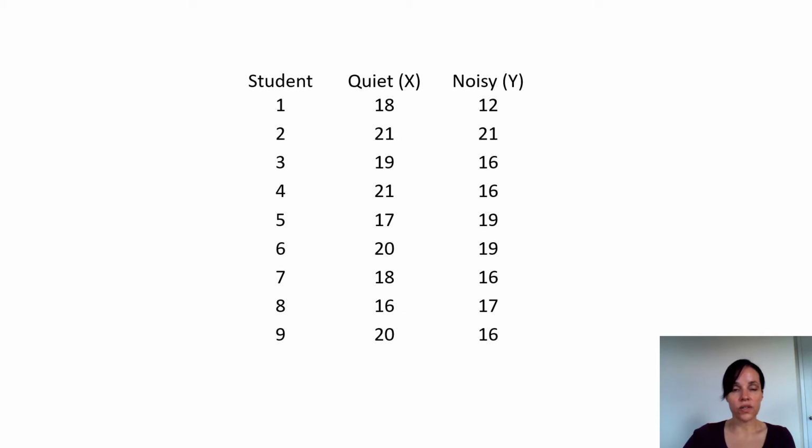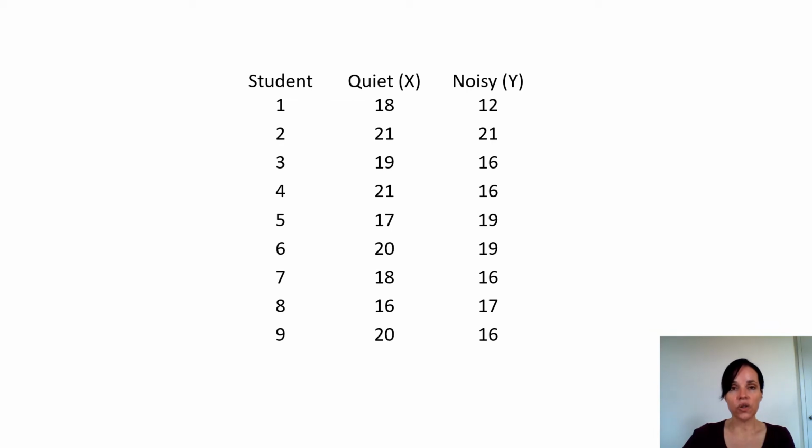All 9 students were asked to solve math problems in 2 different conditions. They solved math problems when it was quiet, and they solved math problems when it was noisy. So here I have called the X scores the number of math problems when it was quiet. I've called the Y scores the number of math problems solved correctly when it was noisy.